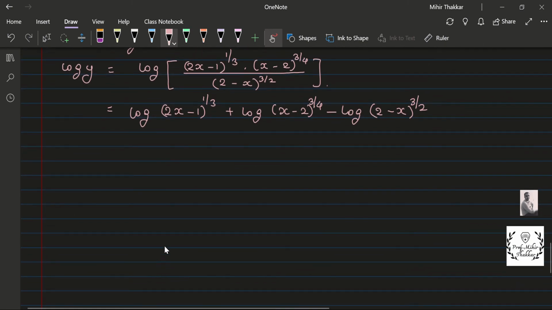Now, we leave this log y as it is. Once again, according to the property of log, the power values can all be multiplied in front of their respective logarithms.